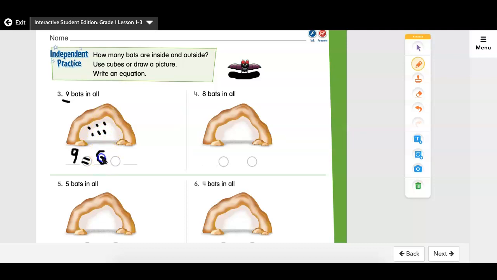So if I were to write 6 bats were inside, I have to get to the number 9. So I have 1, 2, 3, 4, 5, 6. Outside, it would have to be 7, 8, 9.